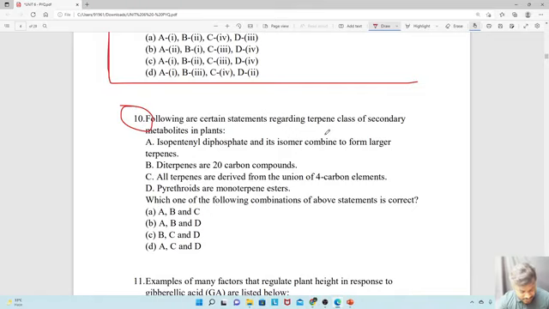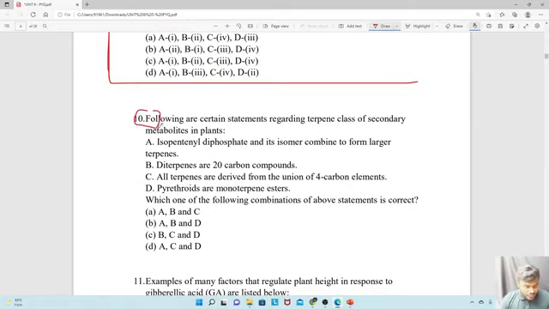Slowly. Oh, Jayashri already given the answer. Check, dear, check. Don't be in a hurry. Amazing. Okay.